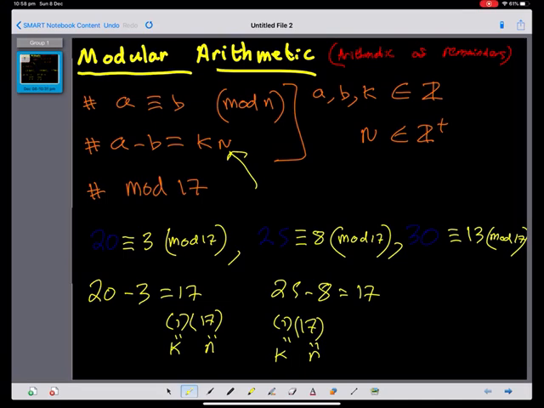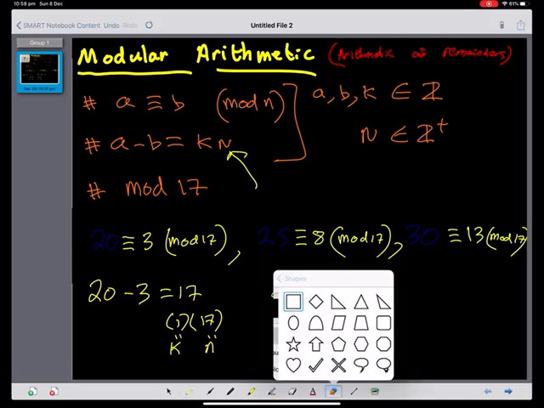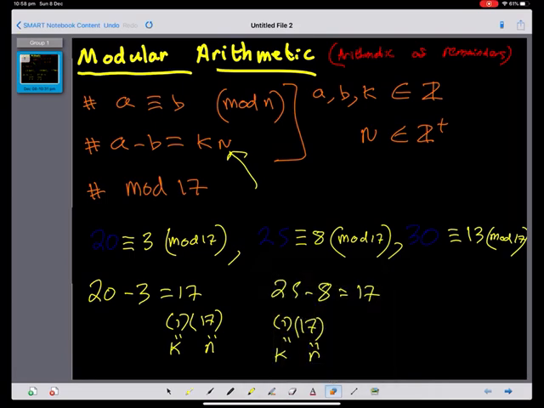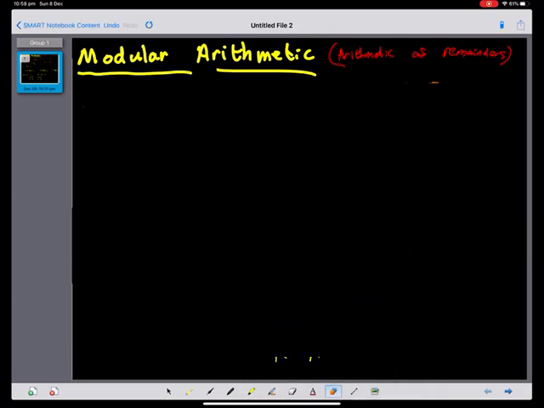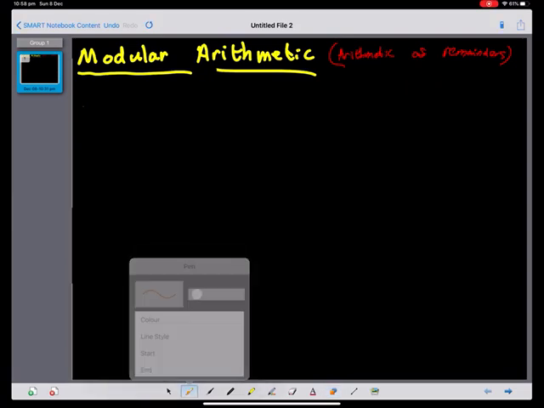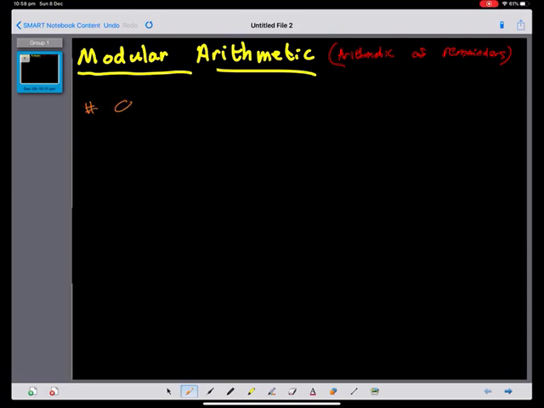Okay, so let's just finish the video by looking at something a little bit more difficult. We said that two numbers are congruent, A is congruent to B mod n, given that A and B are integers, but n needs to be a positive integer.